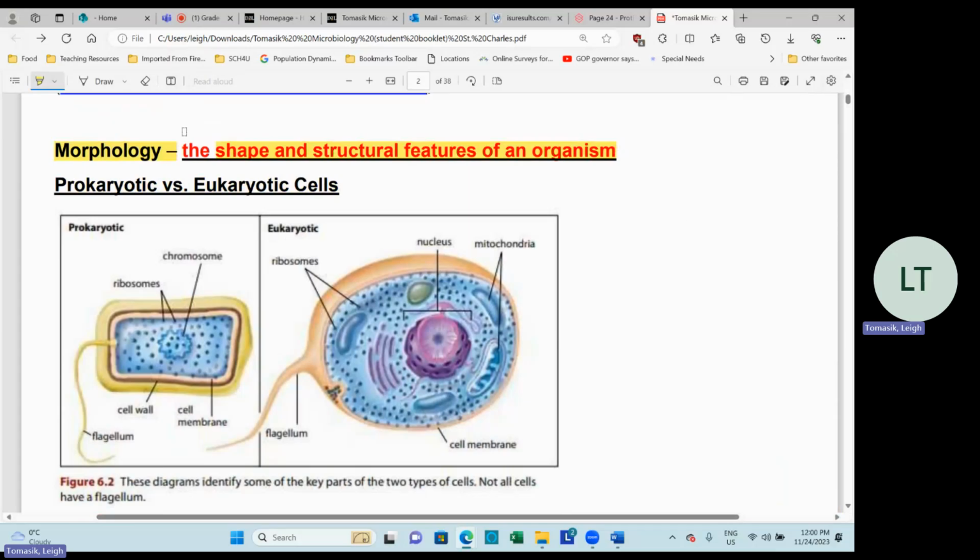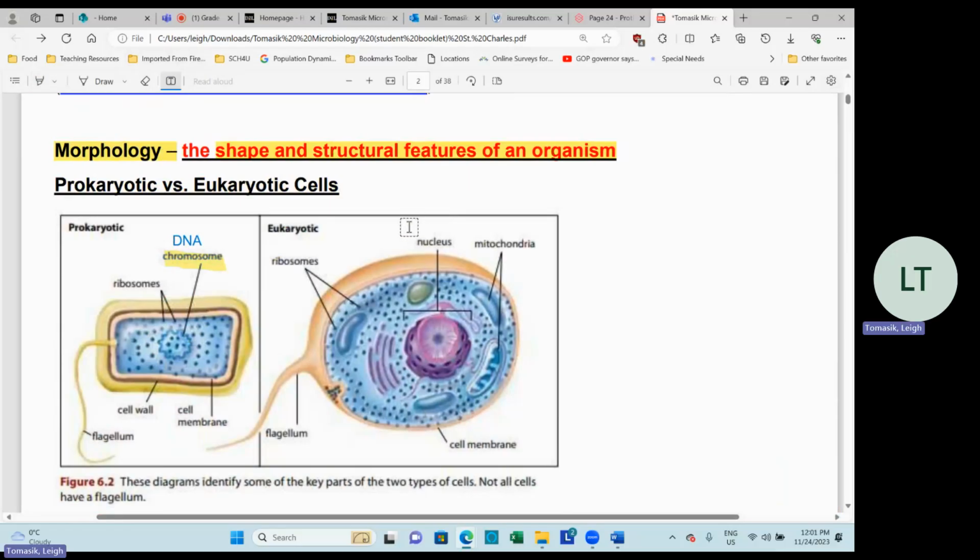So here we have a diagram that shows a eukaryote and a prokaryote cell. The prokaryote is on the left, and you can see that the prokaryote has a chromosome, right, which is DNA. But you'll notice that the DNA is not in a nucleus, right?